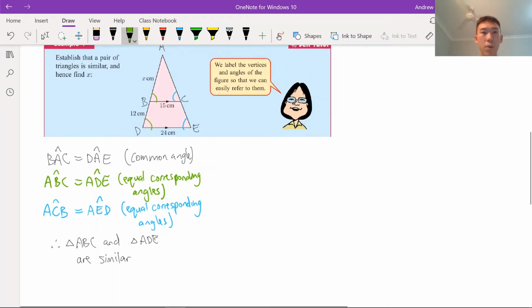Okay. Now we need to find the value of x. So let's have a think about how we can do that. So in similar figures, all right, the sides are all in proportion.